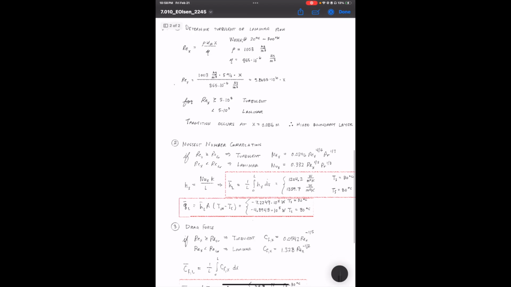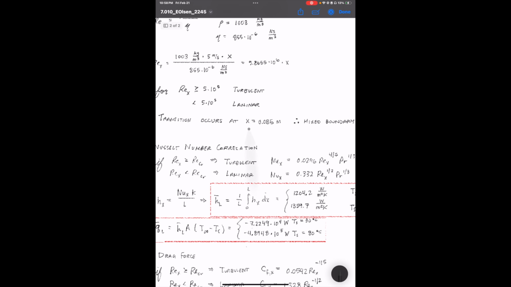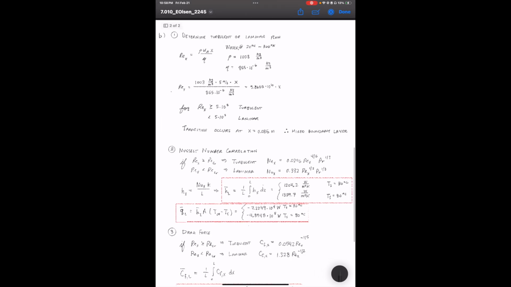And for the same turbulent and laminar critical number, we get our transition to turbulent flow at 0.085 meters. Now, in this case, the plate length is 0.1 meters, so this is 85% of the plate length.